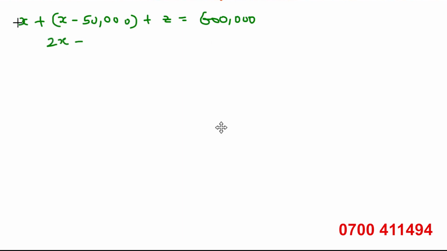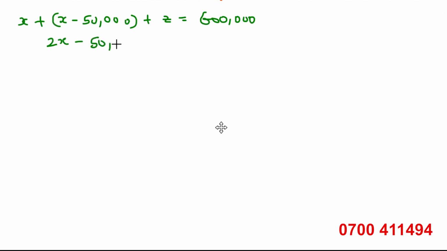We end up with X plus Y, which was our second equation as X minus 50,000. Let me first put this in brackets, plus Z, this is equal to 600,000.